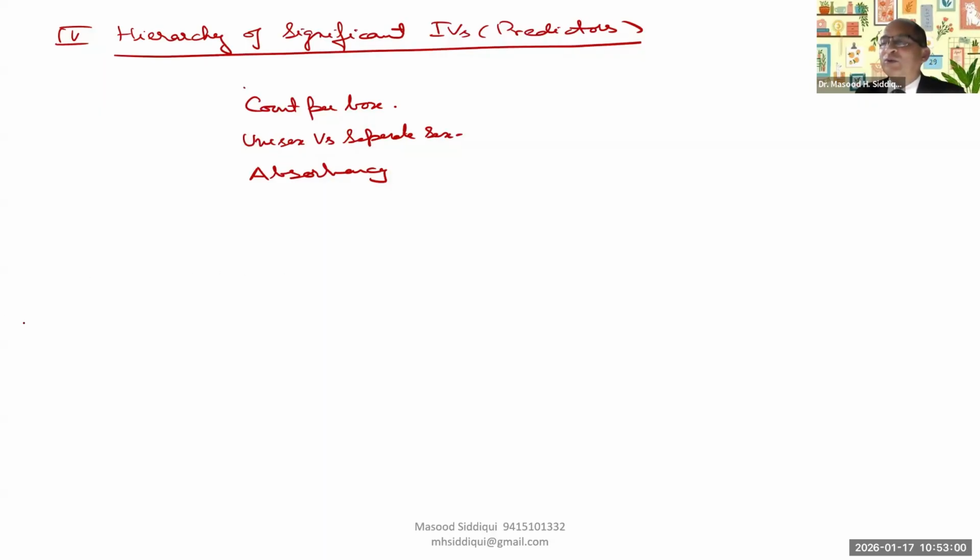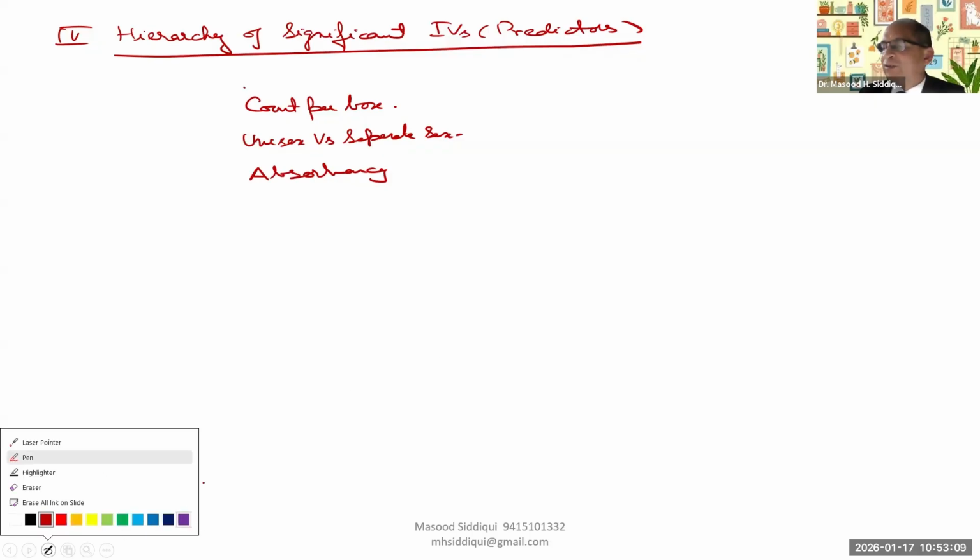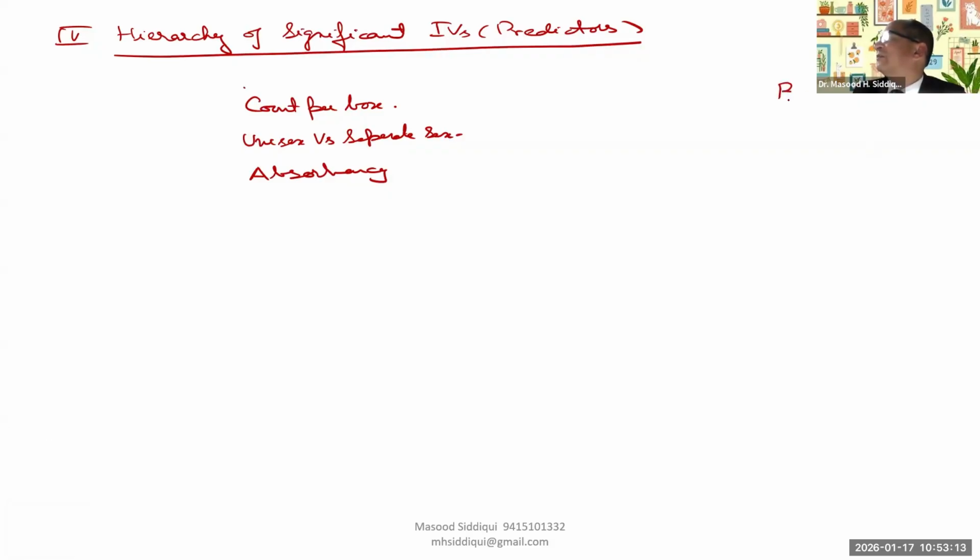So now we have two types of regression coefficient. One is the B. Let me discuss this concept. The first one is B. B is known as the unstandardized regression coefficient.